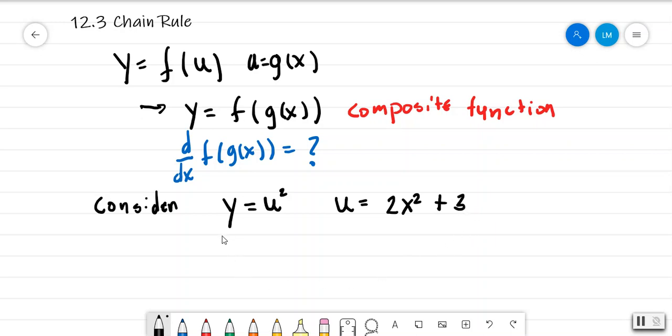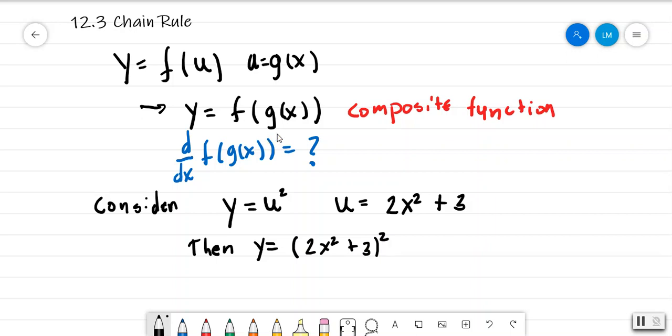Now, what this means is that the equation y equals u squared is going to be written as y equals 2x squared plus 3, and then square that.